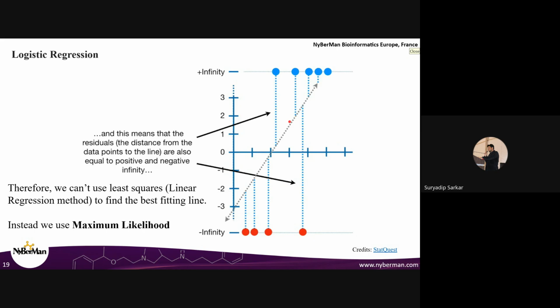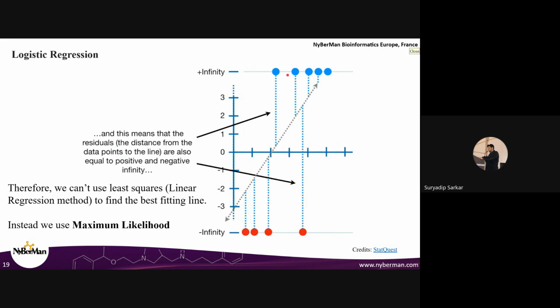But there is a catch here. The residuals, or I should say the distance from the data points to the line, will be equal to either positive infinity or negative infinity, because the data points themselves are at positive infinity or negative infinity. Here is the roadblock.